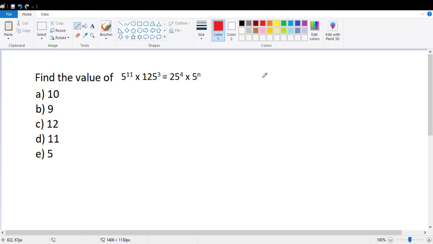They don't want you to start chugging in 5 times 5 eleven times, because their calculators cannot directly calculate an exponent, and doing it that way would take a lot of time. They want you to use the rules of exponentiation.